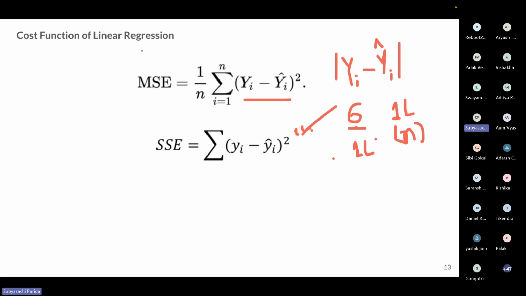So one way to solve this is to divide my values by the total number of samples that I have, right? 1 lakh by 1 lakh would be 1. So on average, the difference between my target variable and the predicted variable is 1.